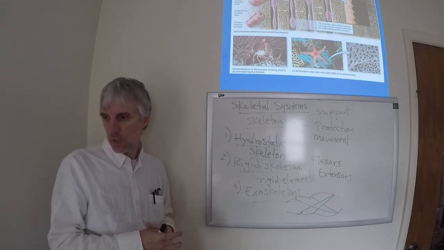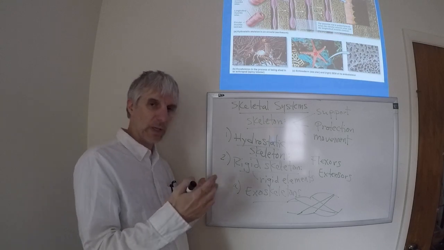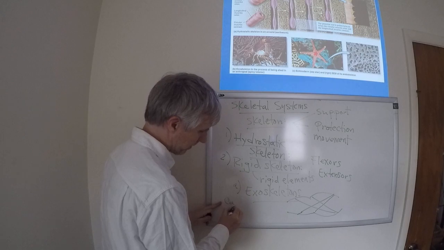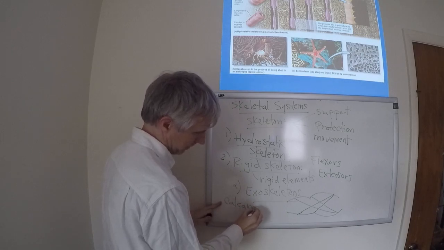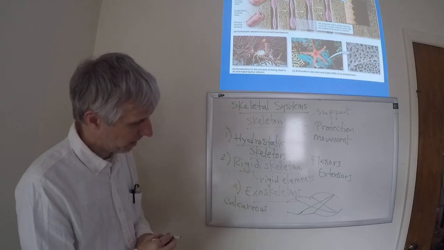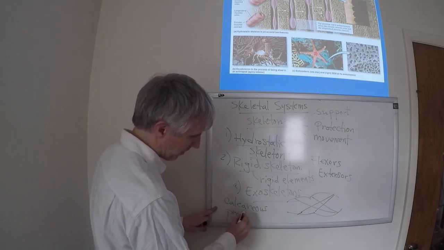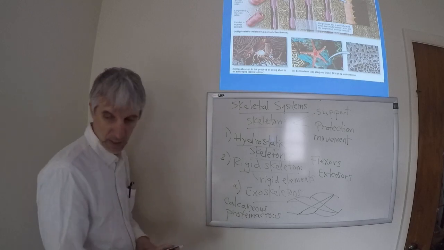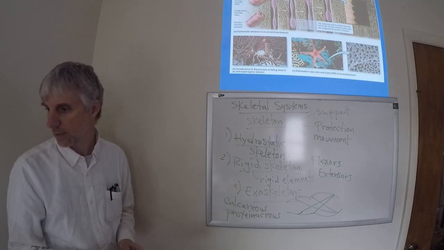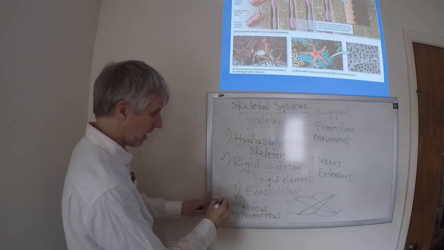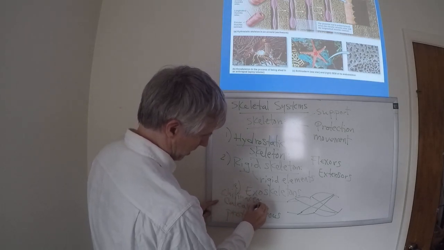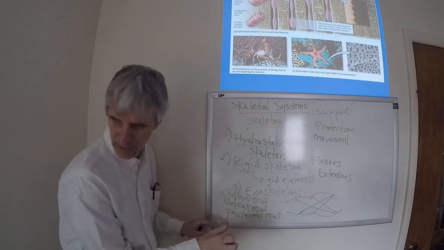So some of these would be calcareous structures, meaning they're made out of calcium. Some of these structures could be proteinaceous, meaning that the exoskeleton is made out of protein. And some of these structures, whoops, I think it's chitinous actually.